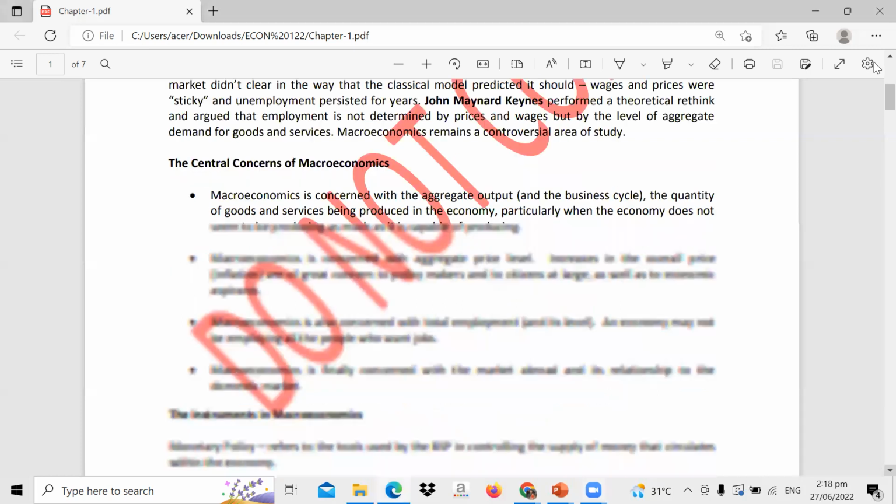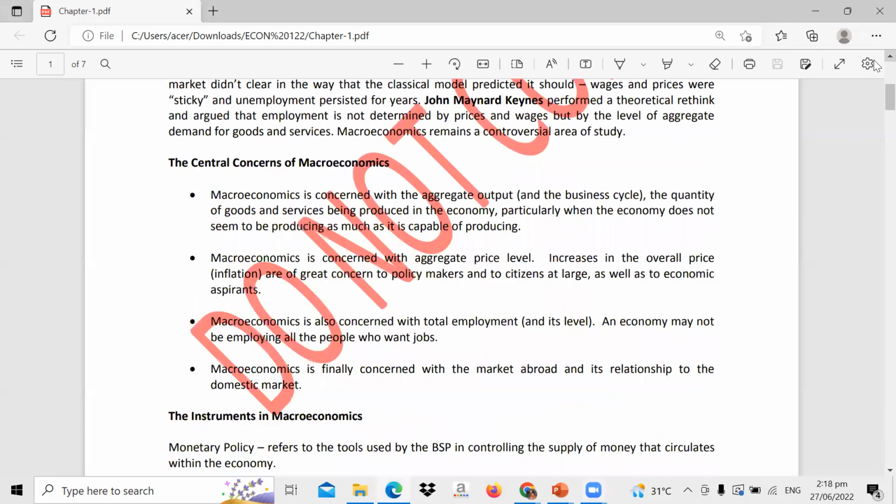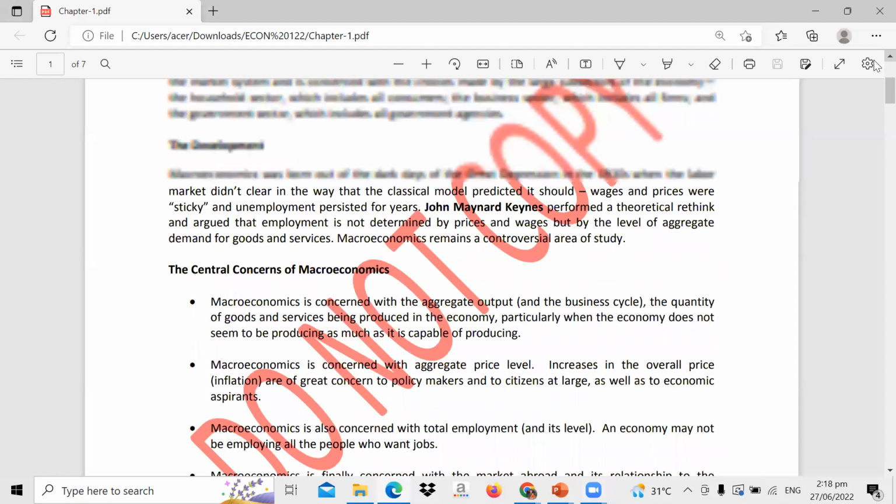macroeconomics. Now, as to development, when this particular branch of economics started, it was born out of the dark days of the Great Depression during the 1930s.